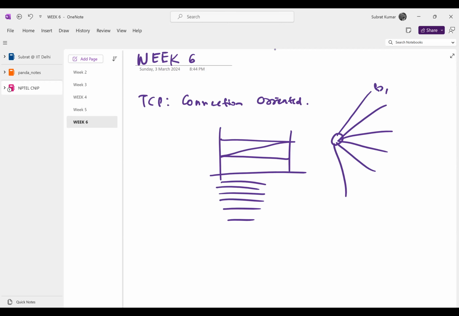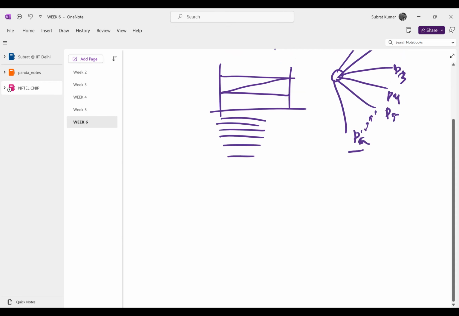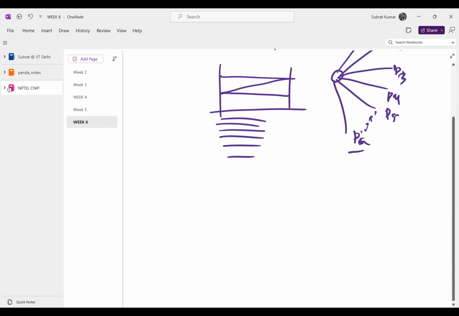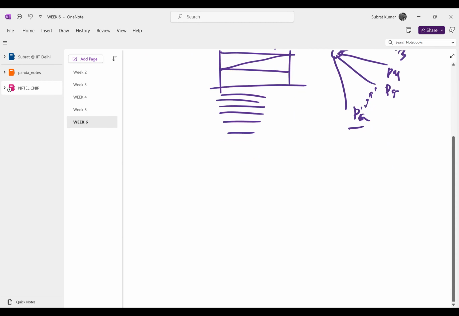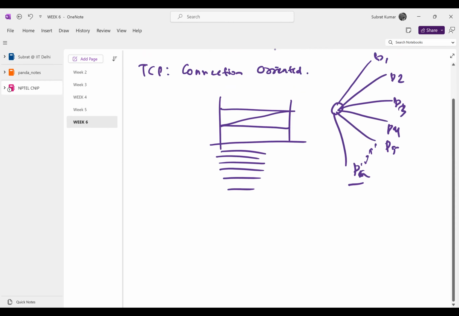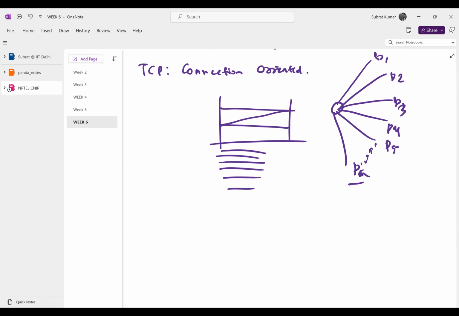So this is device 1, device 2, device 3, device 4, device 5, device 6, and so on, device, let's say, n. But TCP is connection oriented. It first makes the handshake, then does the data transfer.